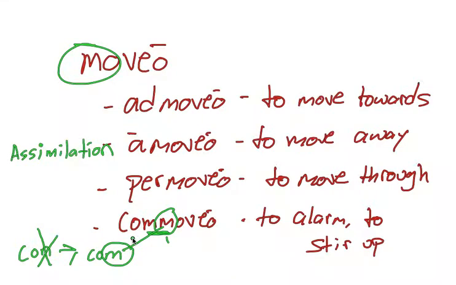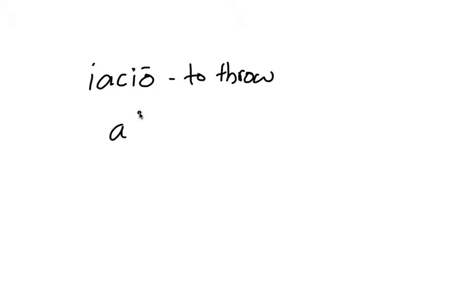Okay, let's look at the verb iacio. Iacio, to throw. Okay, iacio does a really interesting thing in its compounds. So it becomes icio.